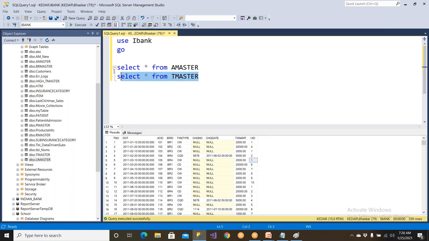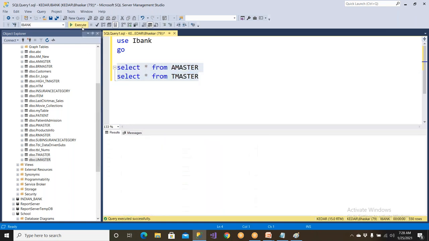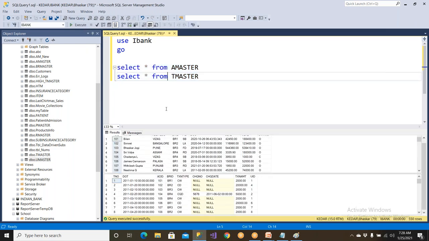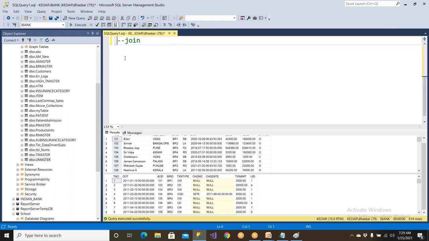So these are the tables I have. Can I join these two tables? Why not? There is a primary key and foreign key, so definitely you should be able to join. I wanted to join this. So to join, let me take these two tables, remove everything here, and say comma and this table, right?